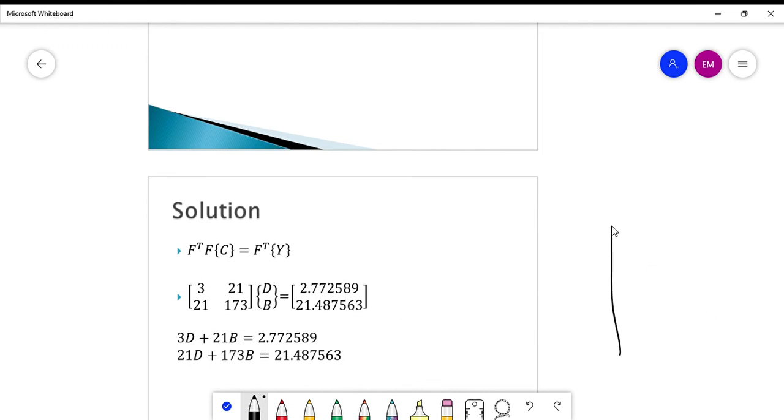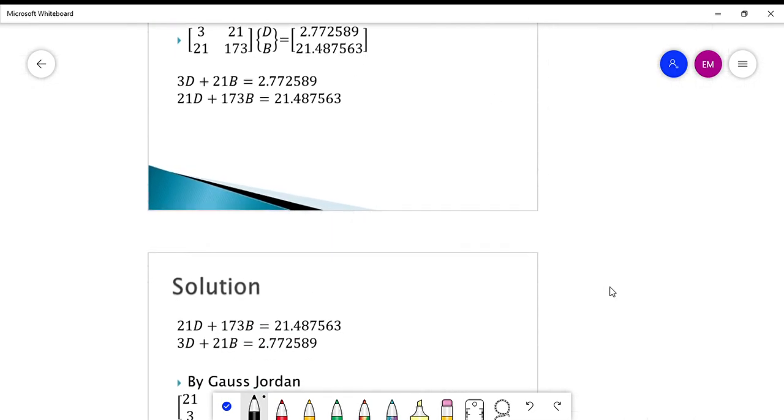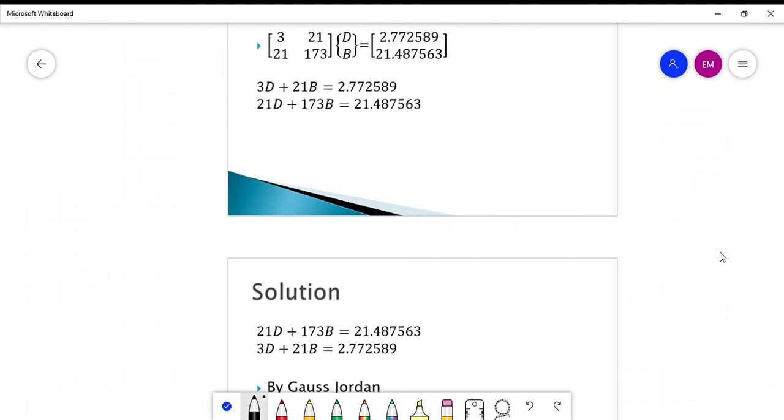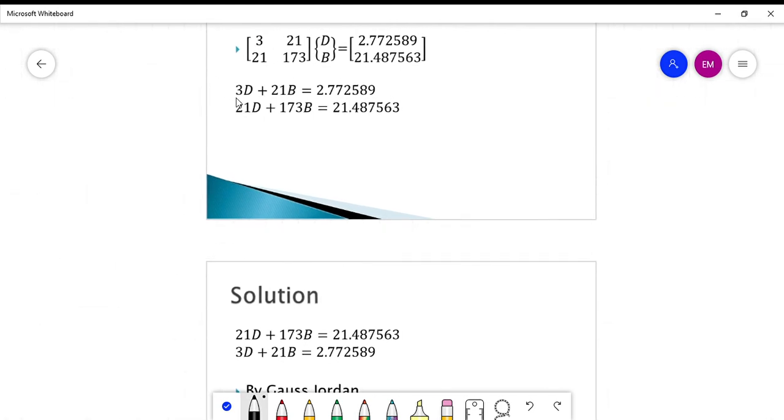Pero, para na ay twist, since we're just finished with the gems and the Gauss Jordan, so the solution that we're gonna do is also by using Gauss Jordan. So, with the same procedure, our equations are 3b plus 21b and then 21b and 173b.